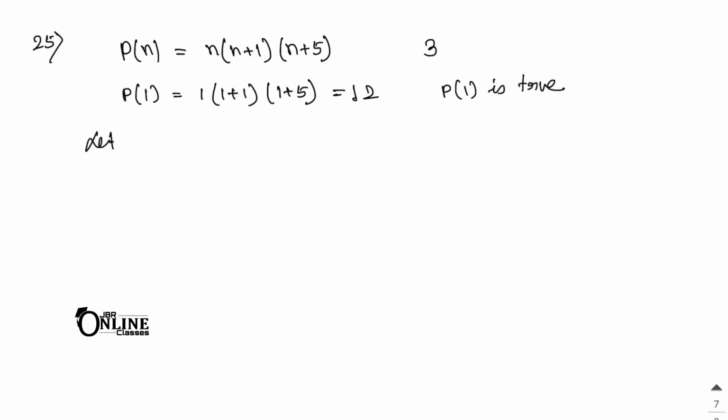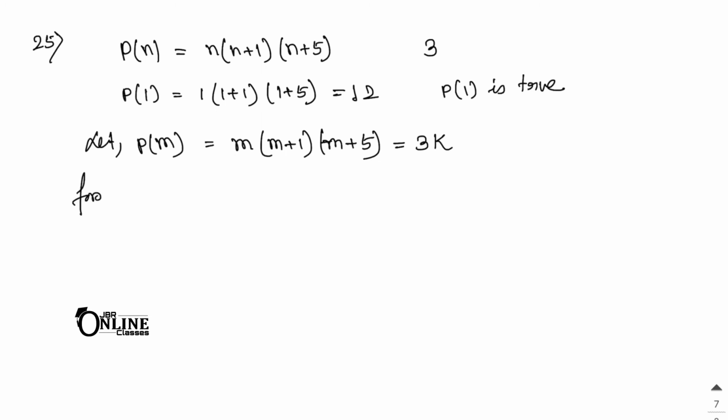Then let P(m) be a multiple of 3. So here m(m+1)(m+5) is a multiple of 3. So you can write this as 3k.